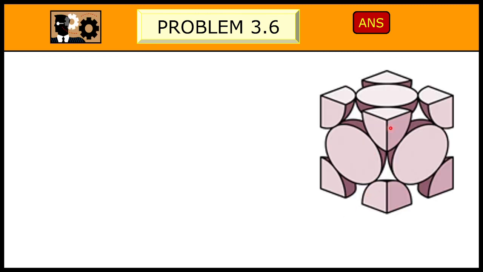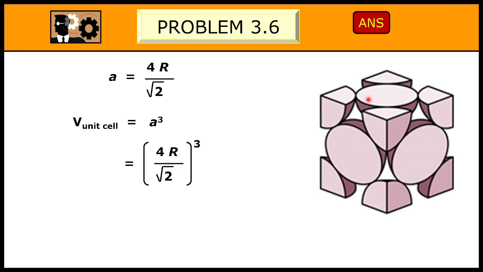Then you already learned how to determine the volume of a unit cell. For a unit cell equal to a cube, a is equal to 4R over square root of 2. So the volume of the unit cell is equal to 4R over square root of 2, to the power of 3.